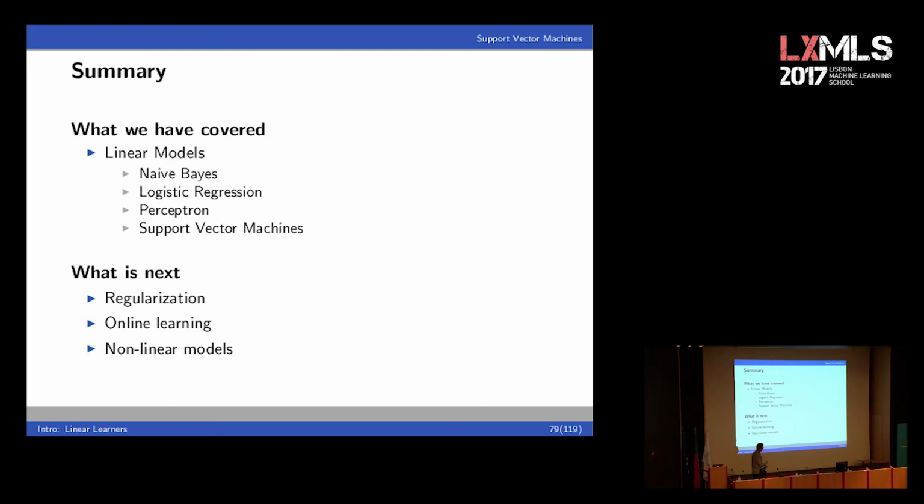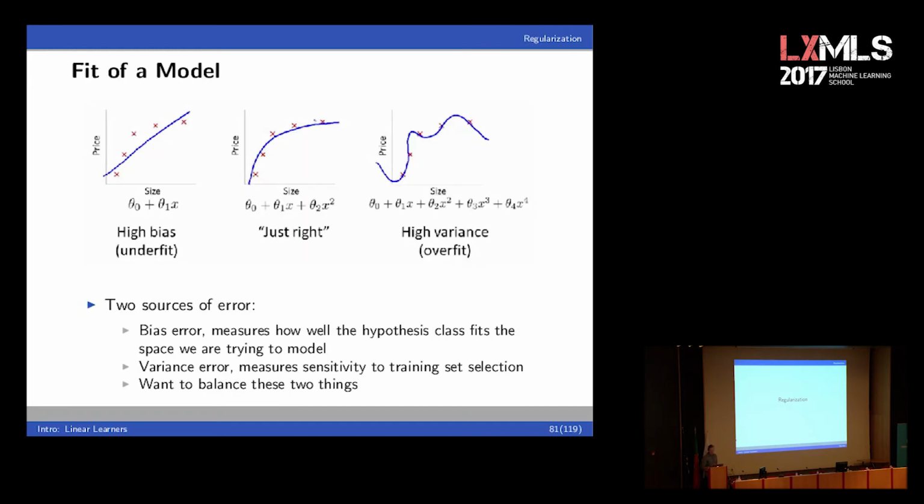And the perceptron is already an online learning algorithm. And then I will show you how to go from linear to nonlinear, but keep all the machinery of convex optimization.